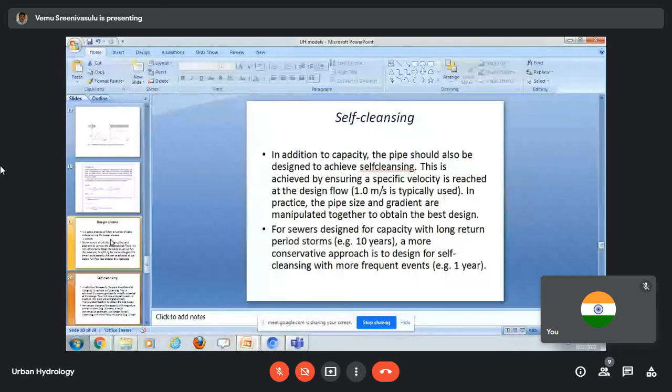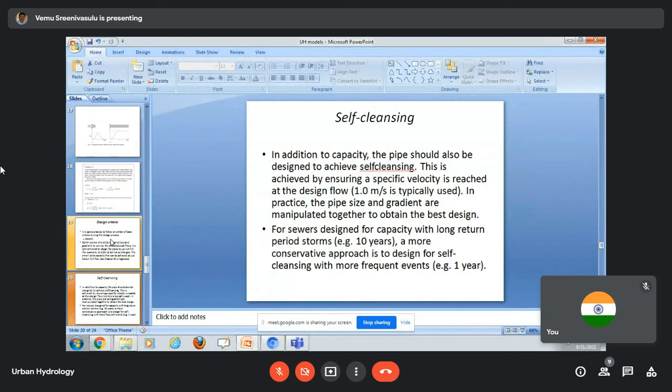There are different formulas, like Chezy's formula and Manning's formula. In Manning's formula, V is equal to 1 by n R to the power of 2 by 3 S to the power of half. Therefore you have to adjust the gradient of the pipe and the diameter in order to obtain the minimum velocity, right?